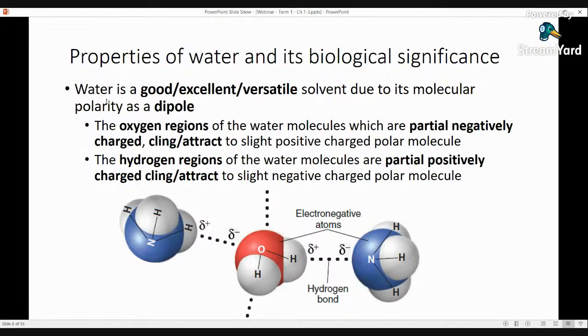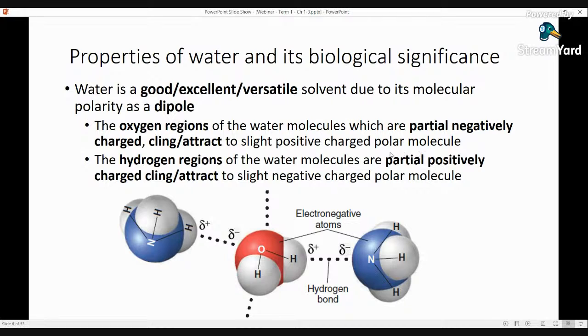So we should use: water is a good, excellent, or versatile solvent, due to its molecular polarity as a dipole. The oxygen regions of the water molecules, which are partially negatively charged, cling or attract, either one, to the slightly positive charge of polar molecules.